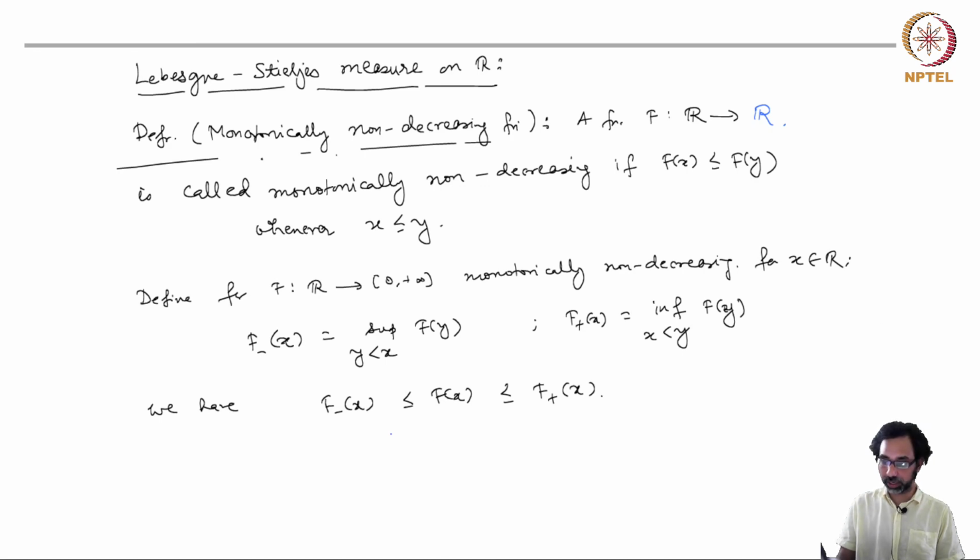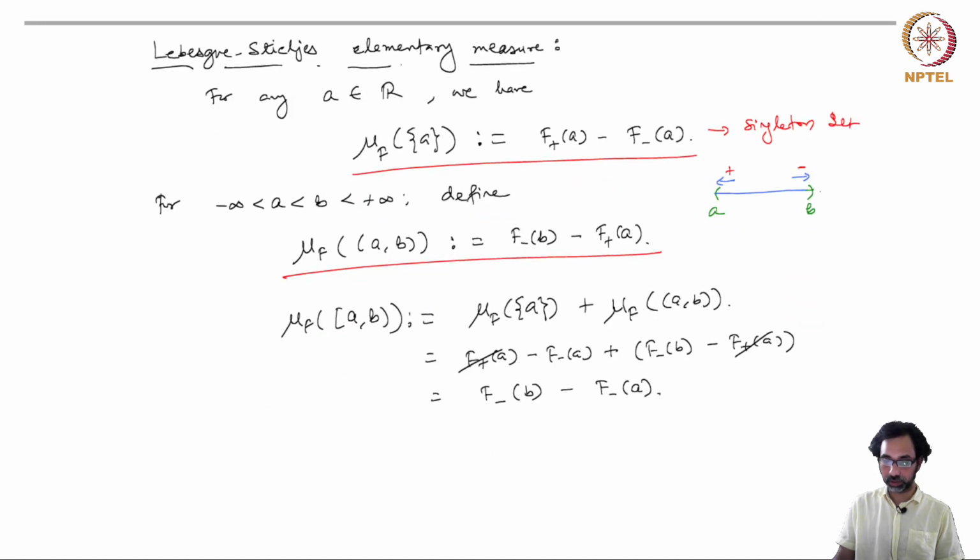So then you will still get mu f here taking values in the positive extended real numbers because f is monotonically non-decreasing.